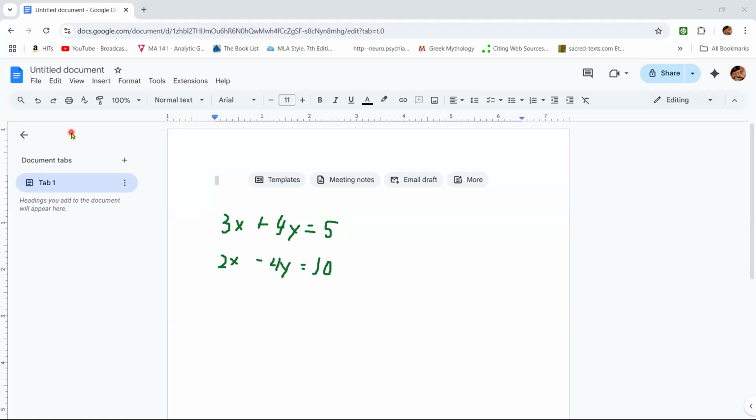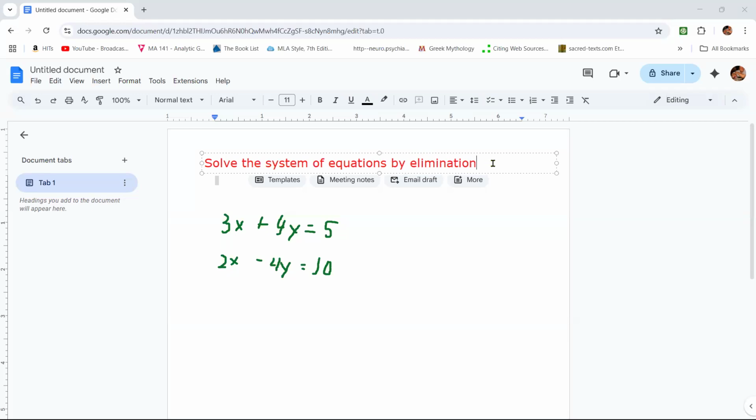So what we're going to do here is solve the system of equations by elimination, also called the addition method.